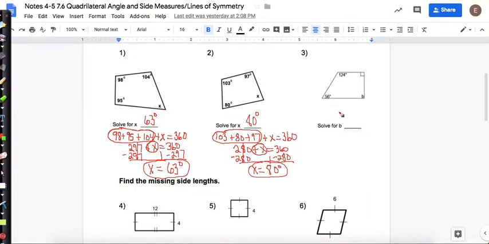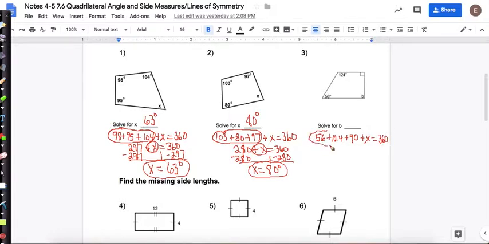And our last one here, okay? We have 56, 124. We have a box in the corner here, so how many degrees is that? Good, 90. And then we need to find B. And I know it looks like B is 90 degrees right now, but let's double check it. So 56 plus 124 plus 90, even though it's not written in there, we can tell it's 90 because it has the right angle box in there, plus x equals 360.